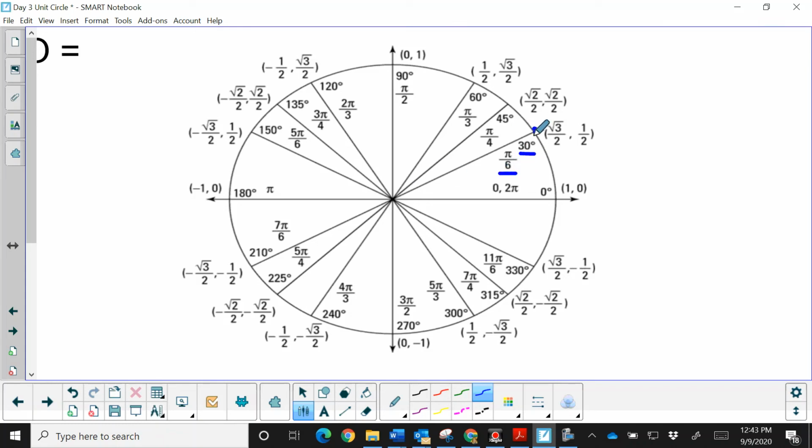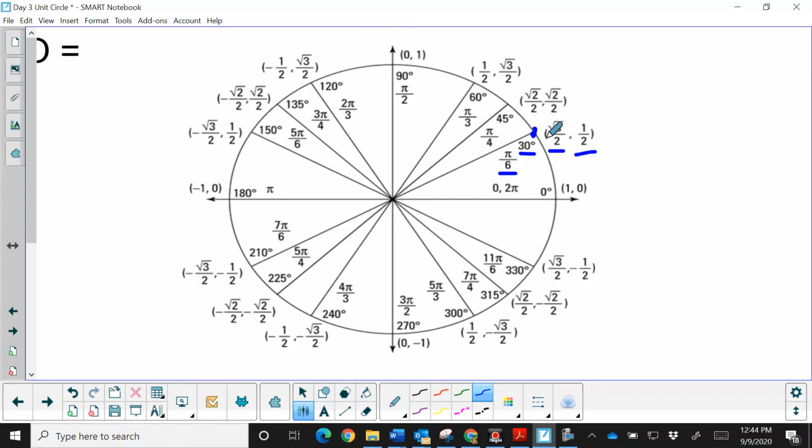At each of these positions, you're going to have an ordered pair, a length in the x direction and a height in the y direction. So each position has 2 angle measures, one in degrees and one in radians, and 2 values for the coordinates.